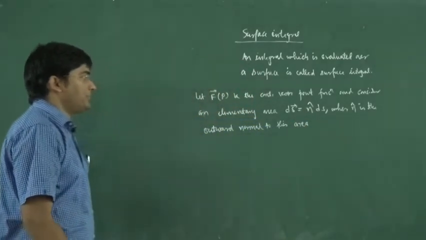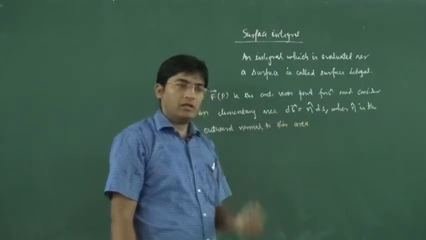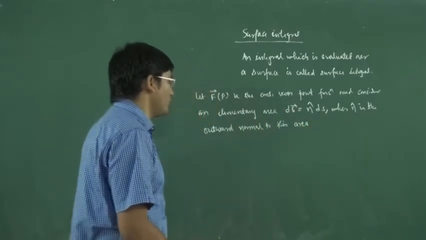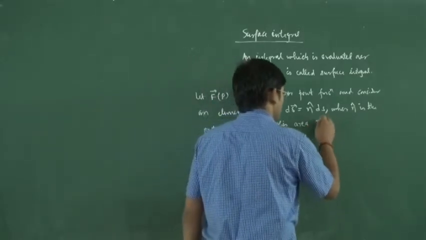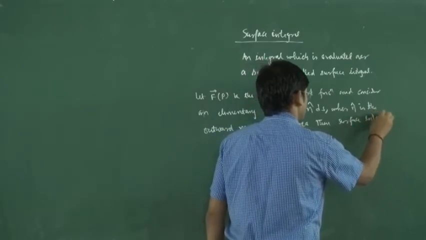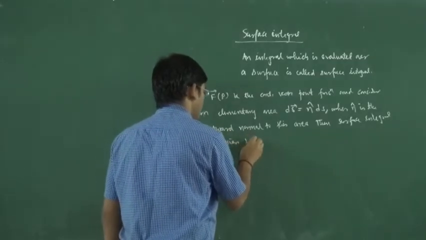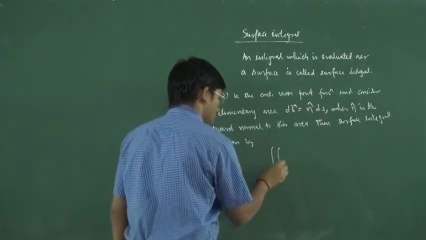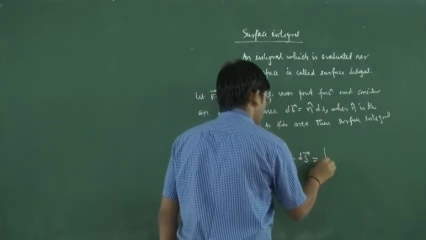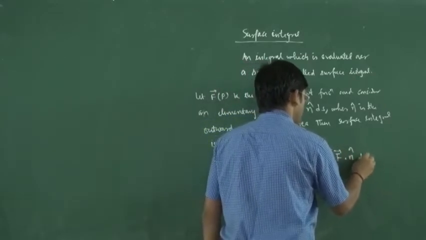So if your f be the continuous vector point function and ds be the elementary area where your n cap is the outward unit normal, then the surface integral is defined as: the surface integral is given by double integral over the surface S f dot ds, and it is same as surface integral over S f dot n ds.